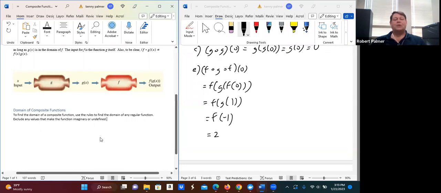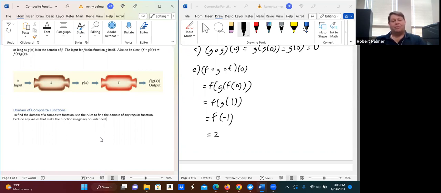Imaginary is when you have a negative under an even root; most of the time we'll look at square roots. So you have to make sure your x values, your inputs, don't include any values that would make that happen. And undefined means you divide by 0. So make sure your domain doesn't include any values that cause you to divide by 0.